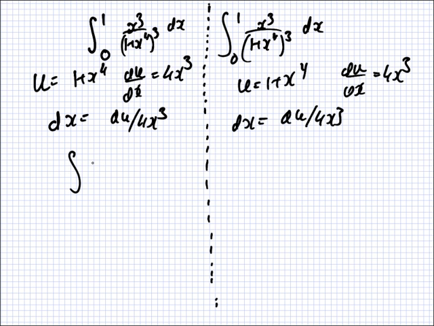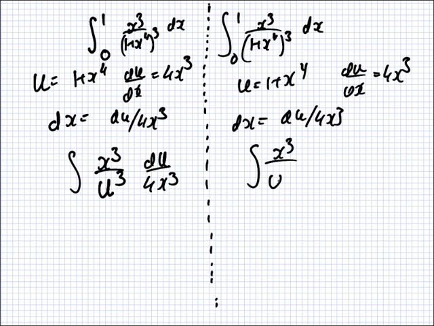Here we replace, so that's x cubed over u cubed, du over 4x cubed. So far it's still the same.